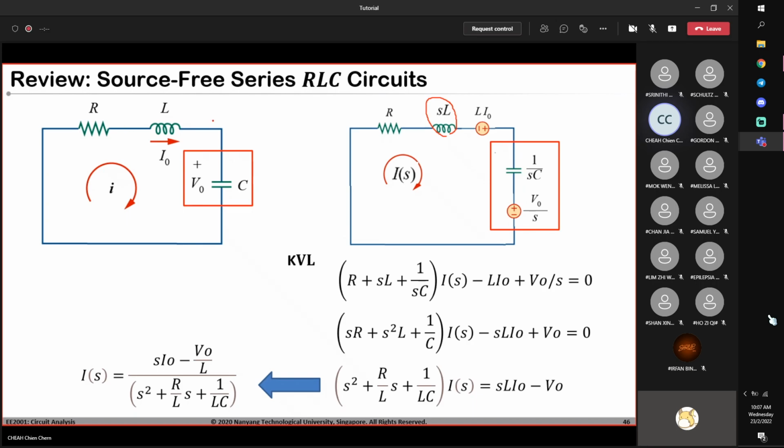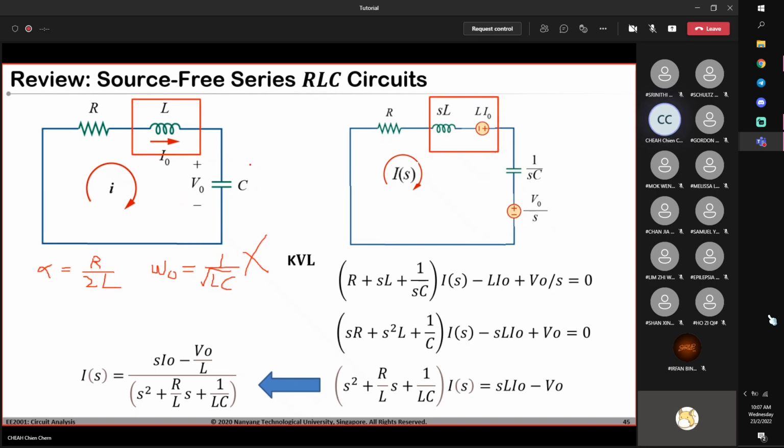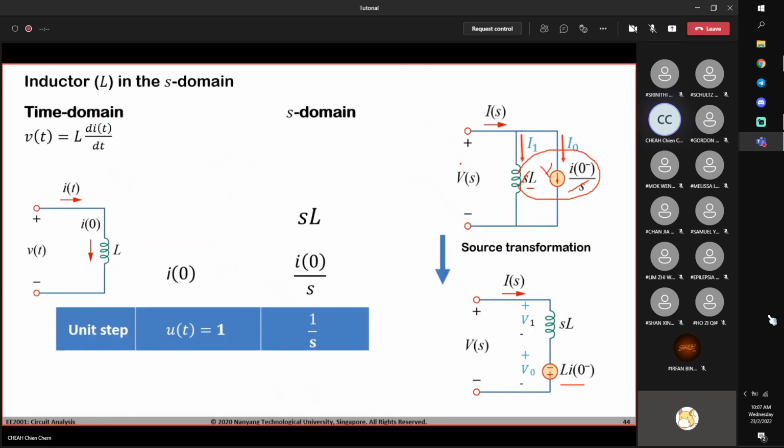If you decided to use parallel combinations, then what will happen is something like this. Then you can see that you have one additional loop here, which will be more complicated to analyze. So since everything is series, I should adopt series. So what you can do is get this one first, then use source transformation to transform to this one, right?